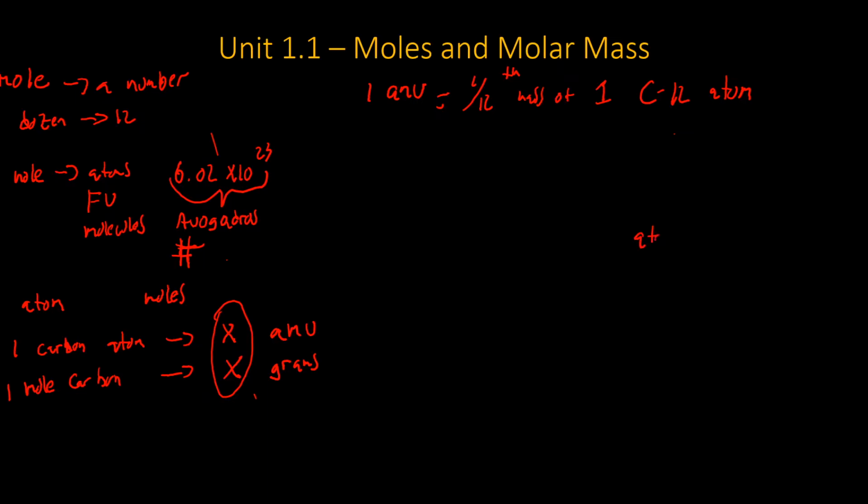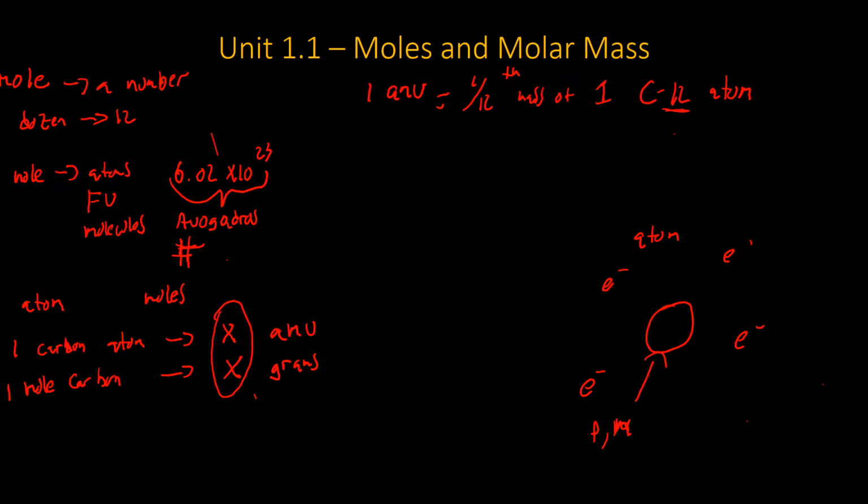The atom, we should all know, has a nucleus and then electrons somewhere outside that nucleus. The nucleus consists of protons and neutrons. The weight of one electron is insignificant in relation to the weight of one proton. So the majority of the mass comes from the weight of the nucleus.